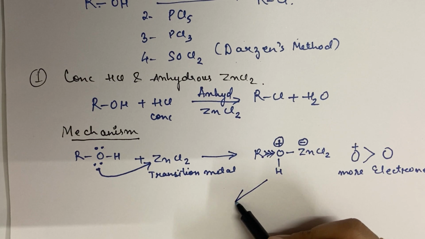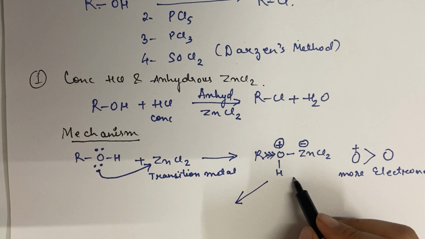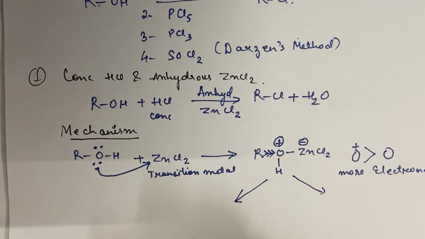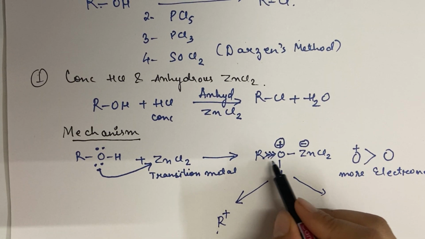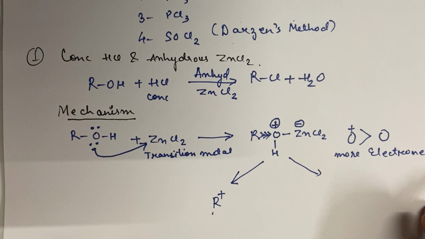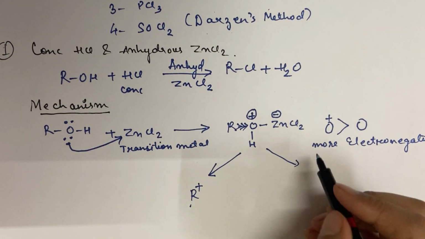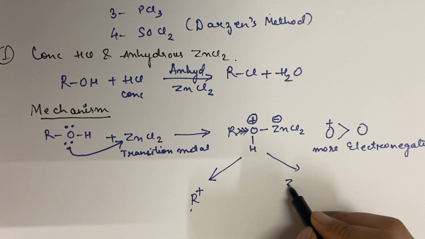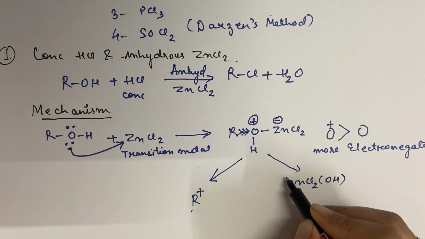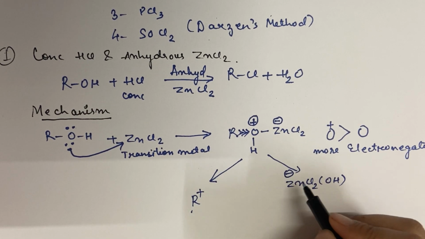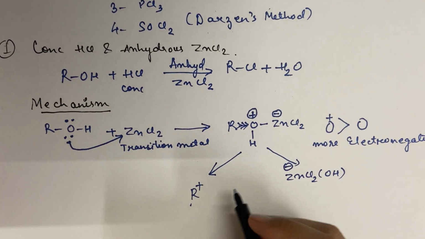So what will happen? It will break into two, not break actually, it will make R plus, because R is giving its electron to oxygen. That's why it will form R plus, and ZnCl2 will take OH. ZnCl2OH with a negative charge. And you know that HCl is also present.